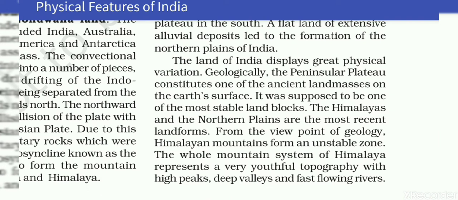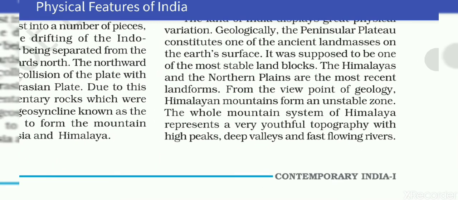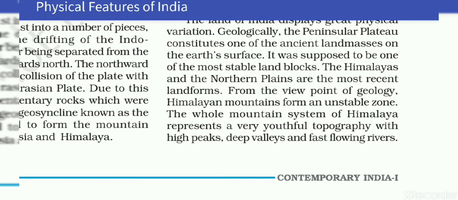First, the Peninsular Plateau of India is one of the oldest landmasses of the Earth's surface. Second, the Himalayan mountains are a recent formation of landforms, and third, the northern plains are formed of alluvial deposits and are the best source of cultivation of different crops. Thus we completed our today's topic.